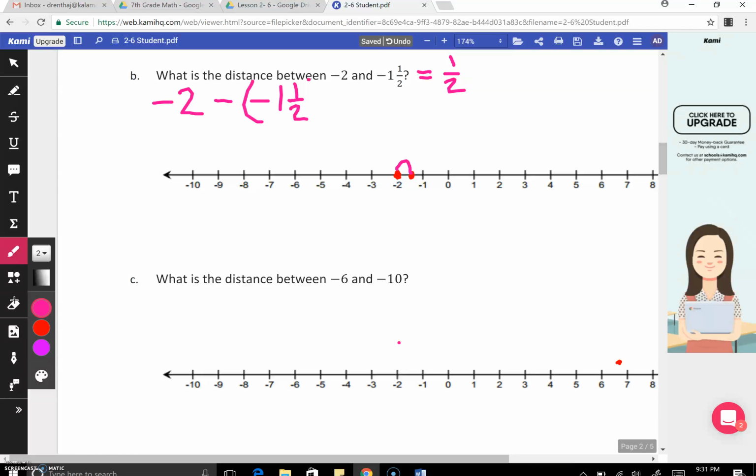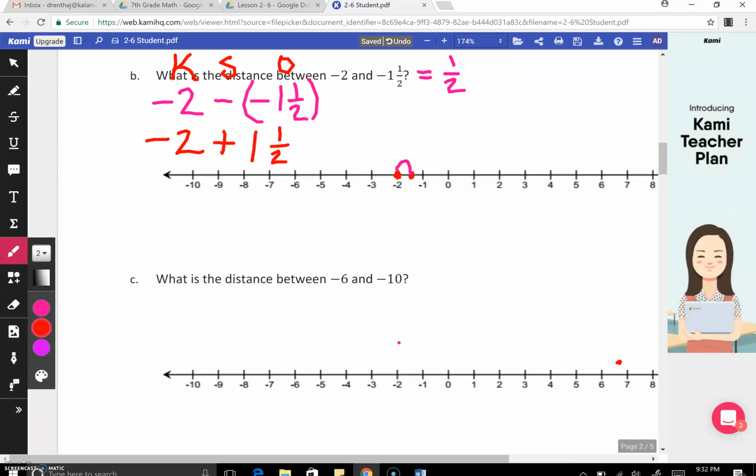So this looks messy, but it's really not if we do keep, switch, opposite. Okay, so keep the first integer, -2, switch subtraction to addition, and then we want the opposite of -1.5. It would be +1.5.